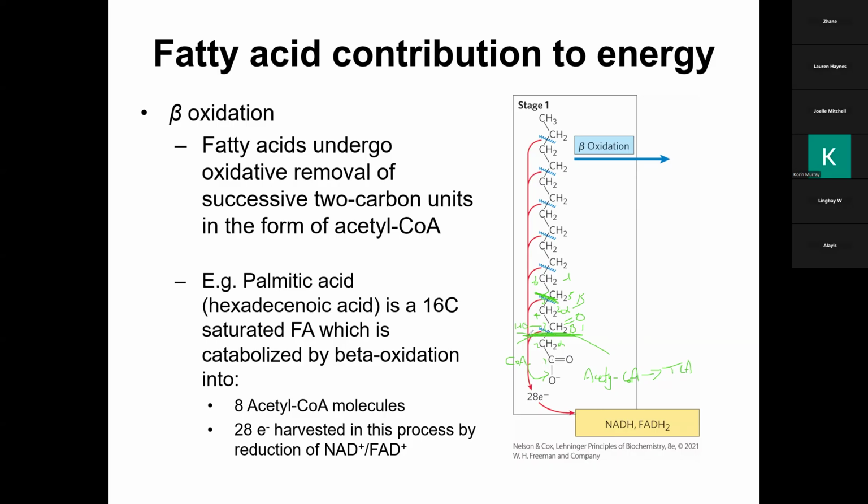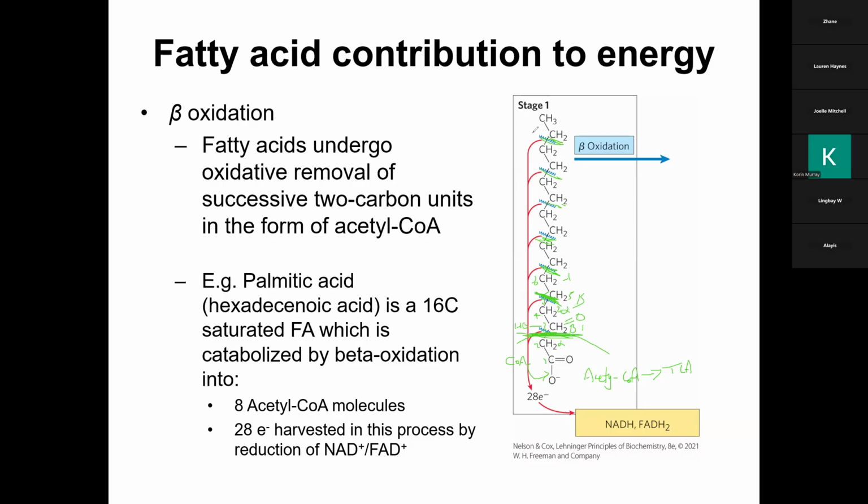So you just keep doing it in rounds of cleaving off carbon 1 and 2, creating a new carbon 1 and 2, and cleaving that off again, again and again in pairs until you run out of carbons.